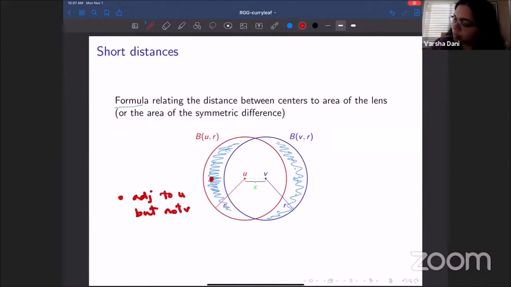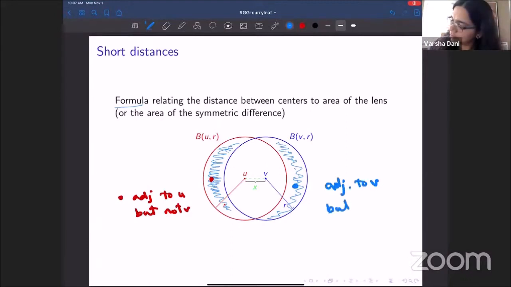And in order to be in here, a point must be adjacent to v, but not u, right?